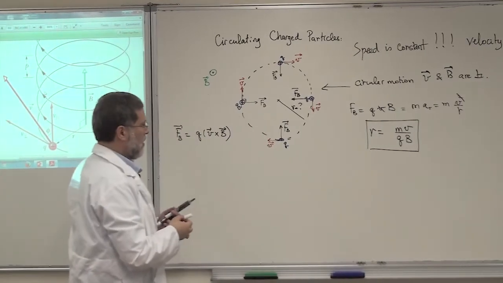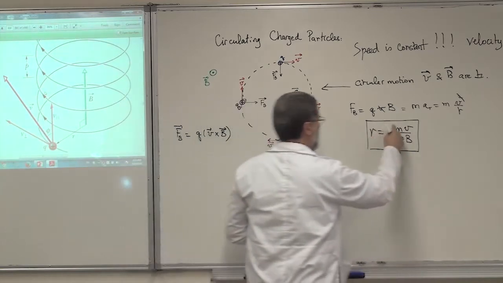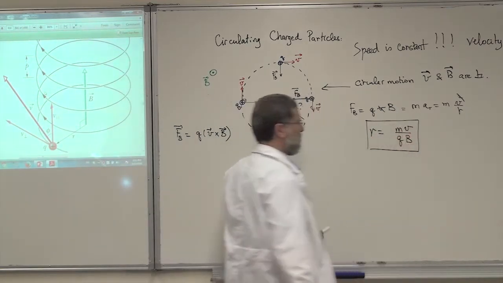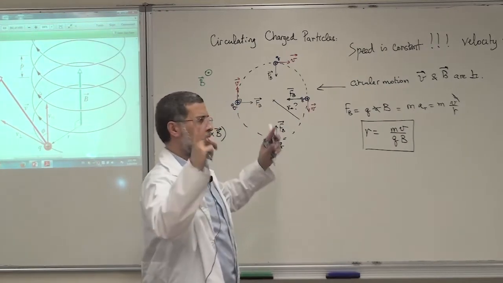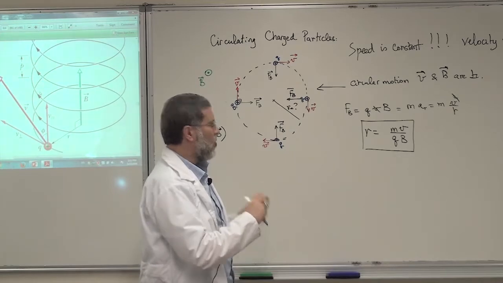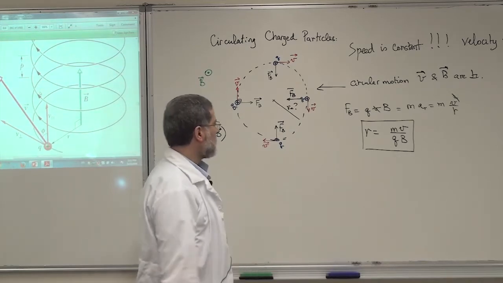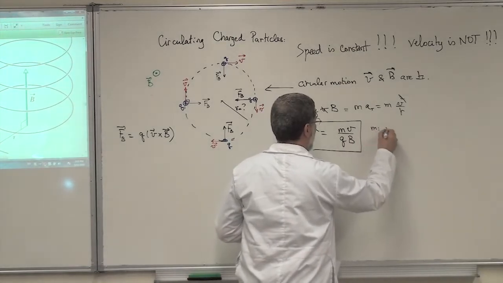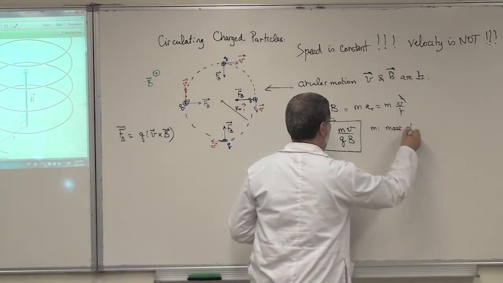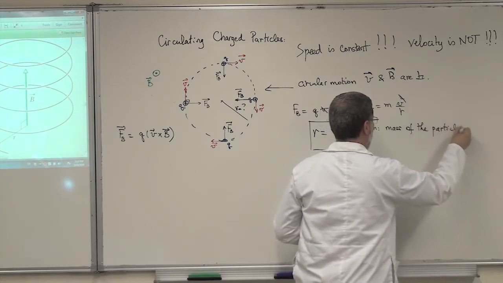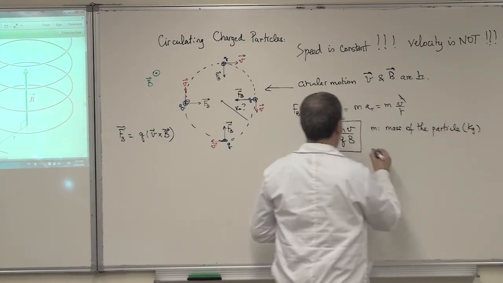It depends on the mass of the object, the charge of the object, the speed of the object, and the magnetic field. Bigger speed will give you bigger radius, okay? Bigger magnetic field will give me smaller radius, and so on. So m is the mass of the particle in kilograms.